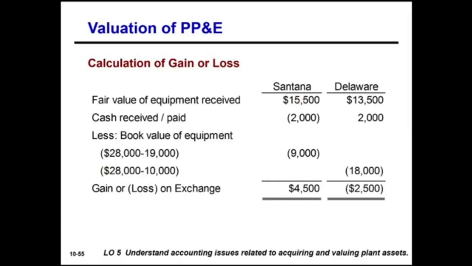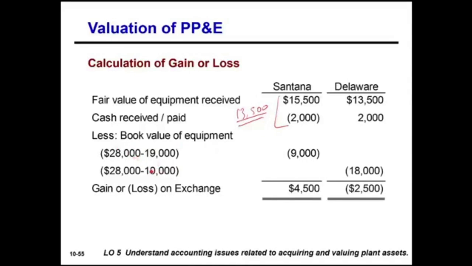For Santa, the fair value of the equipment received is 15,500 minus the cash paid. They paid 2,000 cash. That's going to be reducing what we received, obviously, which gives them the asset of 13,500. Why? Because they had to pay cash. Because if the cash is going out, it's reducing the fair value of what we are receiving.